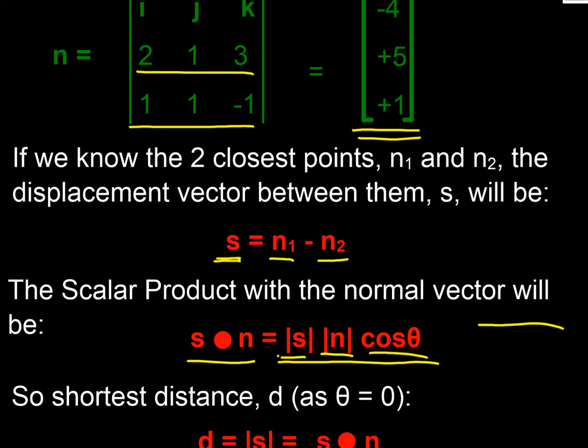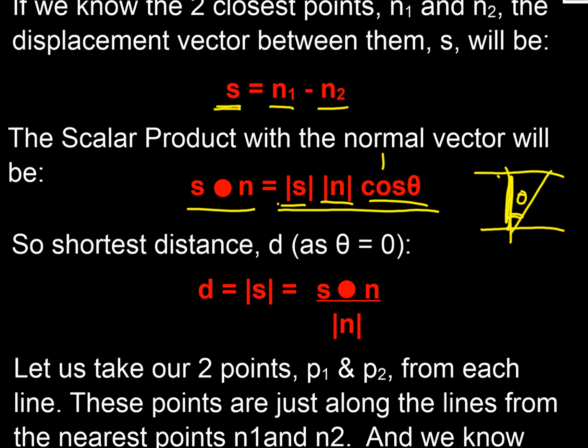But the angle between them is going to be 0 here, because I want this to be at right angles. So theta equals 0, cos of 0 is 1, and if I rearrange that, the shortest distance between them is that displacement vector dotted with n over the magnitude of n, because we just correct for the length of n.